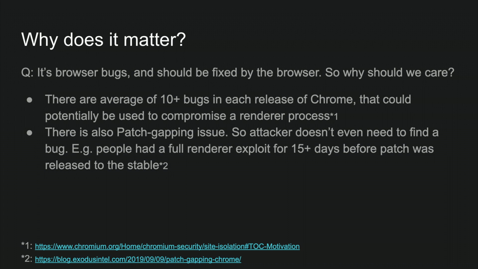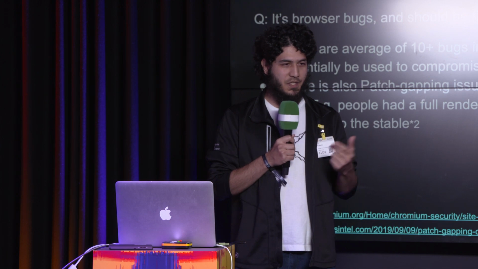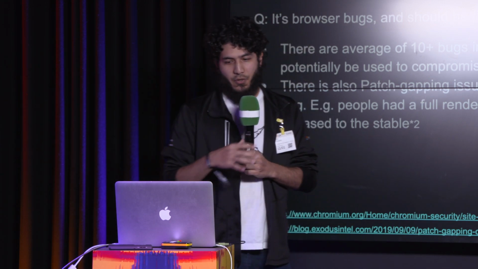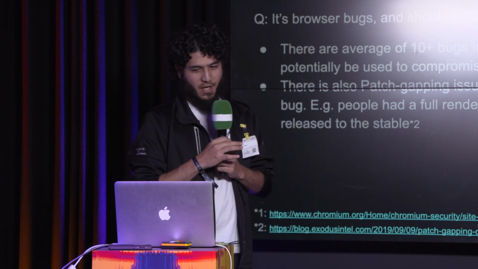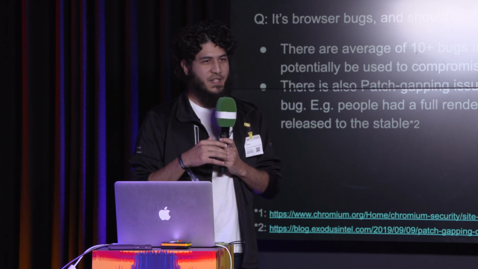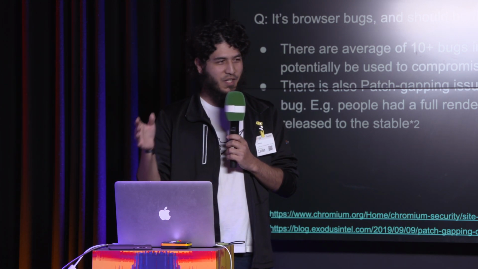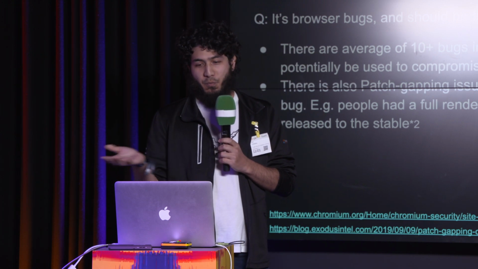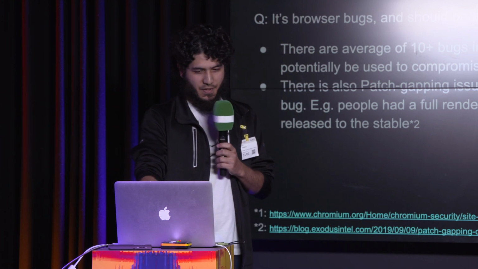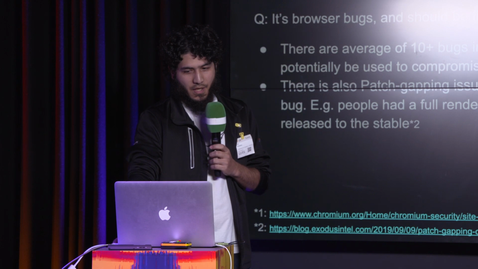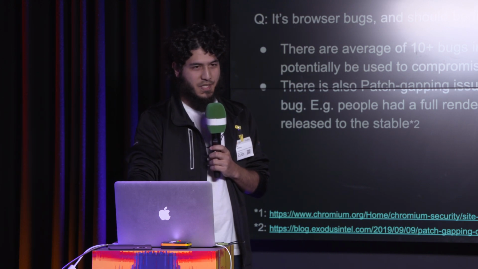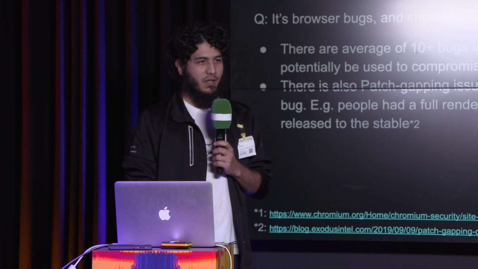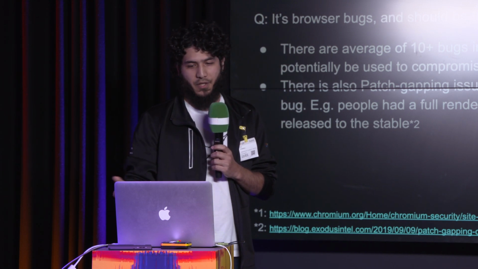Then you see what the patch was, analyze it and make an exploit, right? There were actually people doing this, and they sell those n-day, like 1-day, exploits to people. There's a blog post about it. People had like 15 plus days before the patch for the render exploit.